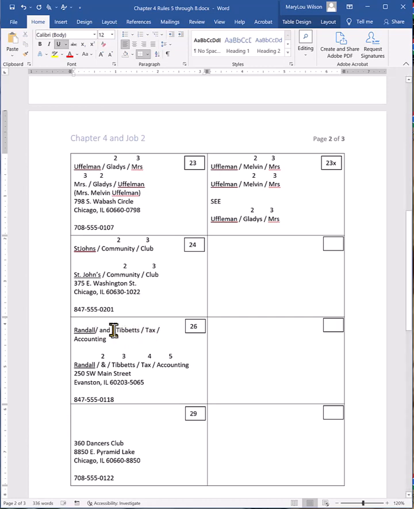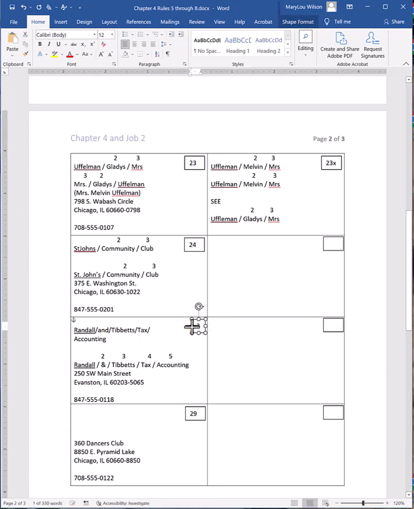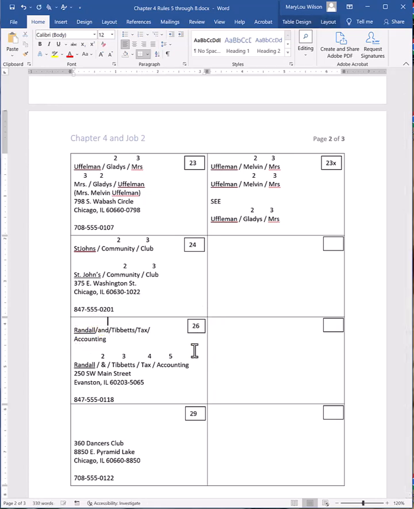I can backspace and get some of the spaces out of here and make room for accounting up at the top. This is not ordinarily how I would do it. Well, it's still not going to make it. Okay, number 26. I'm not going to worry about it. You all know what I've done. Okay, Randall is the key unit, and is unit 2. Tibbetts is unit 3. Tax is unit 4. And accounting is unit 5.